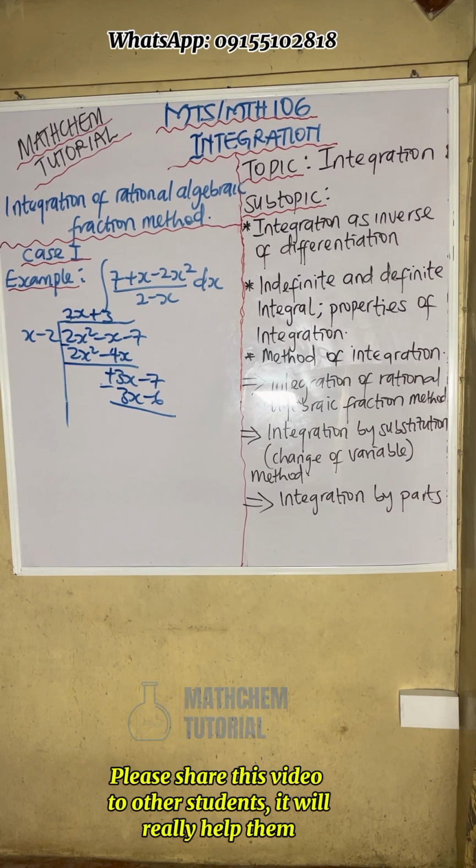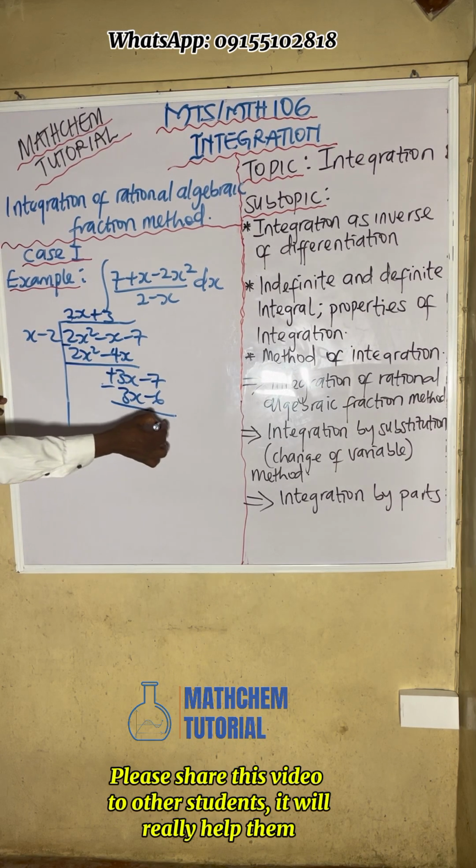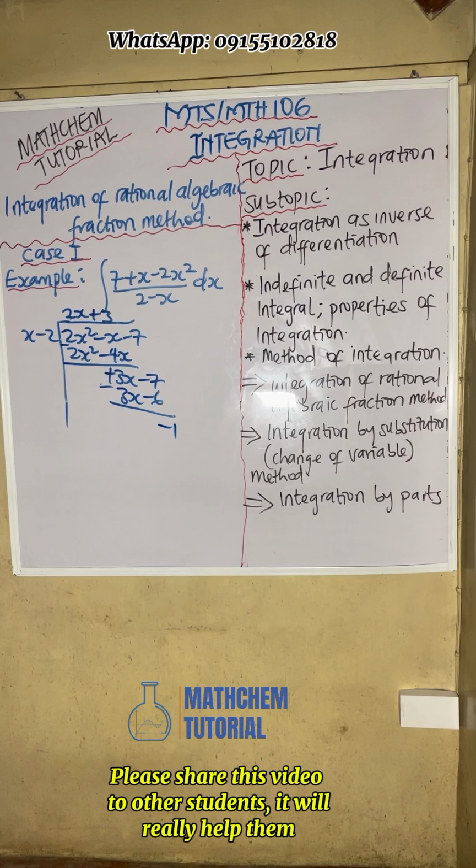Then minus 7 minus minus 6 is minus 1. So after the division, we got 2x plus 3 as our answer, and the remainder is minus 1.